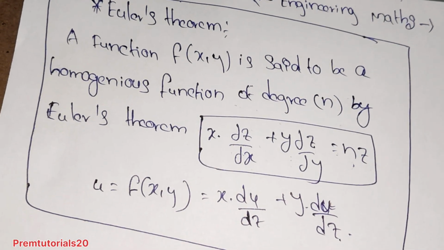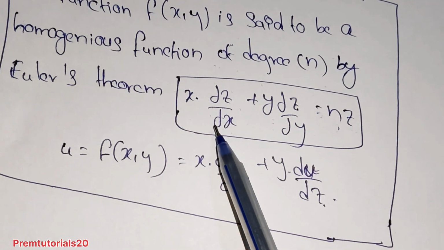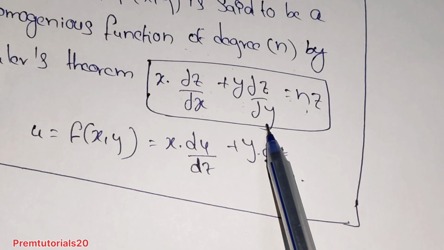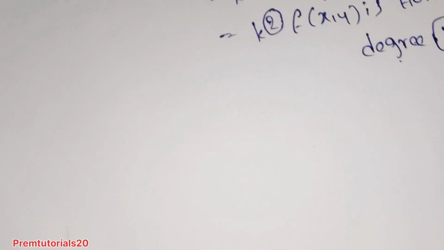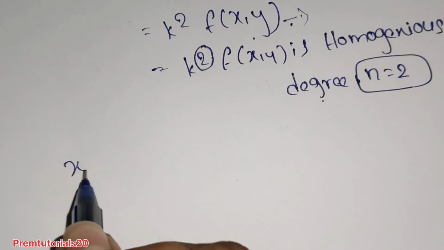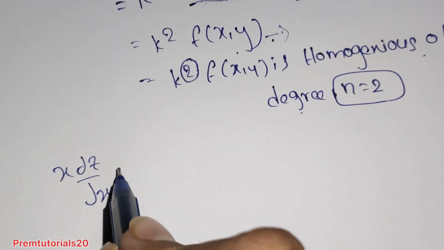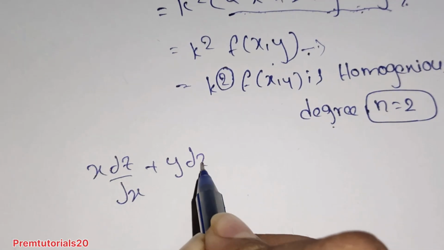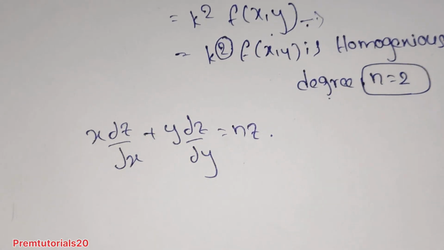Now it's time to solve these one by one. What is the formula here? x ∂z/∂x + y ∂z/∂y = nz. Written as it is, x ∂z/∂x + y ∂z/∂y = nz.